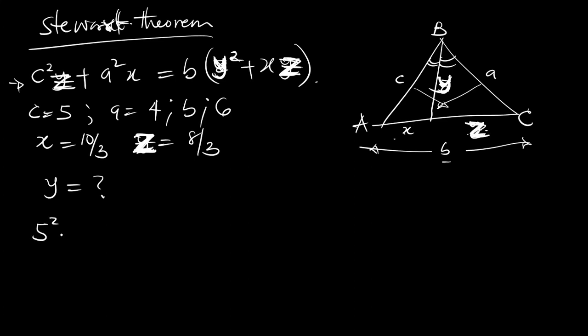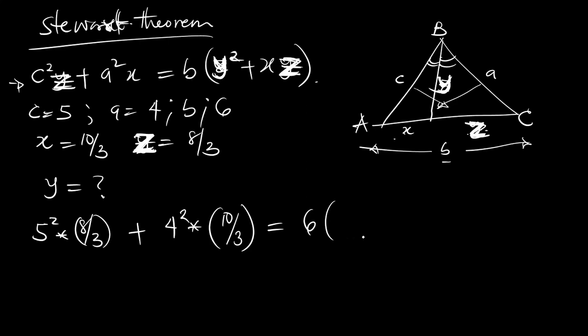That means 5 squared times z, which is 8 all over 3, plus 4 squared times x, which is 10 all over 3, equal to b, which is 6 times, bracket open, y squared, which is what we're looking for, plus x, which is 10 all over 3, times z, which is 8 all over 3.